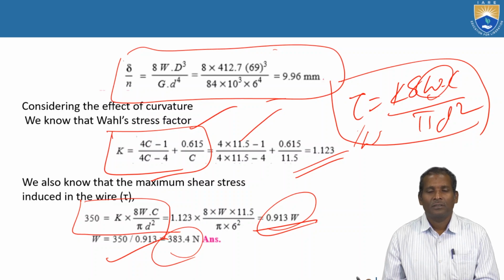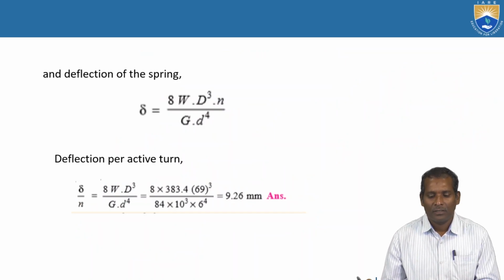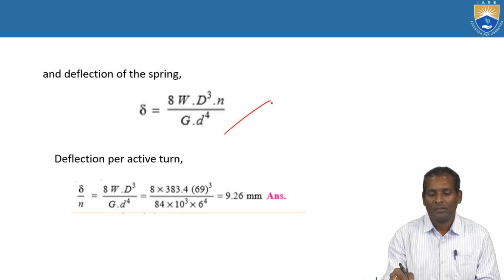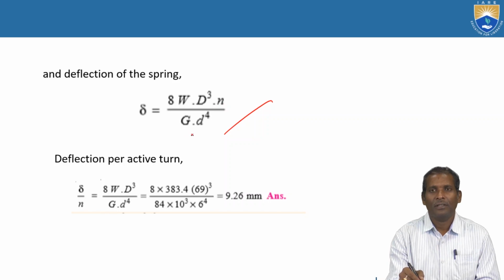So like this, we solve this problem. And the deflection of the spring, the deflection per active turn: you know this empirical relation, 8W D cube into N by G d to the fourth power.